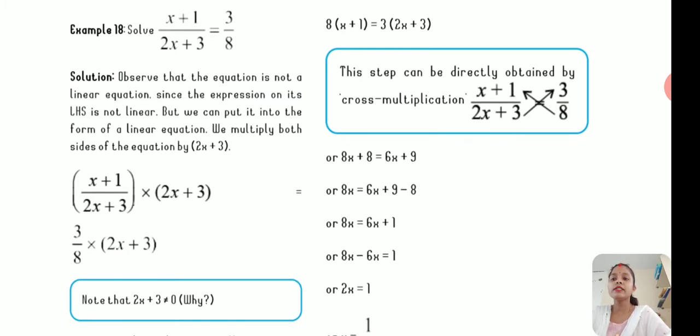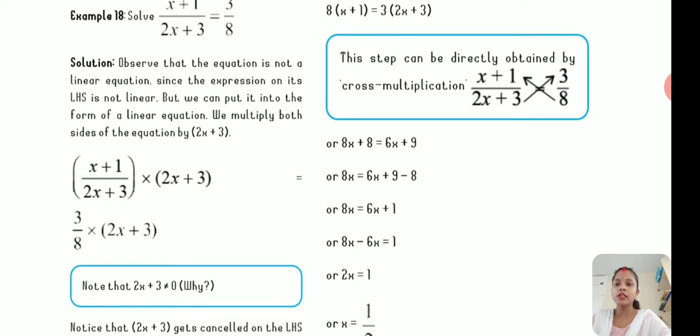Observe that the equation is not linear, since the expression on its left hand side is not linear. But we can put it into the form of a linear equation. How we will do that, we need to know.